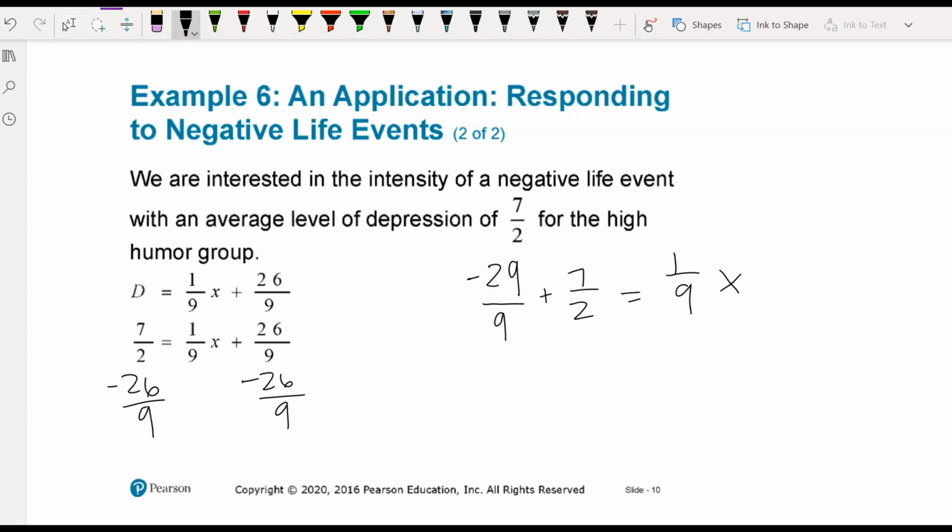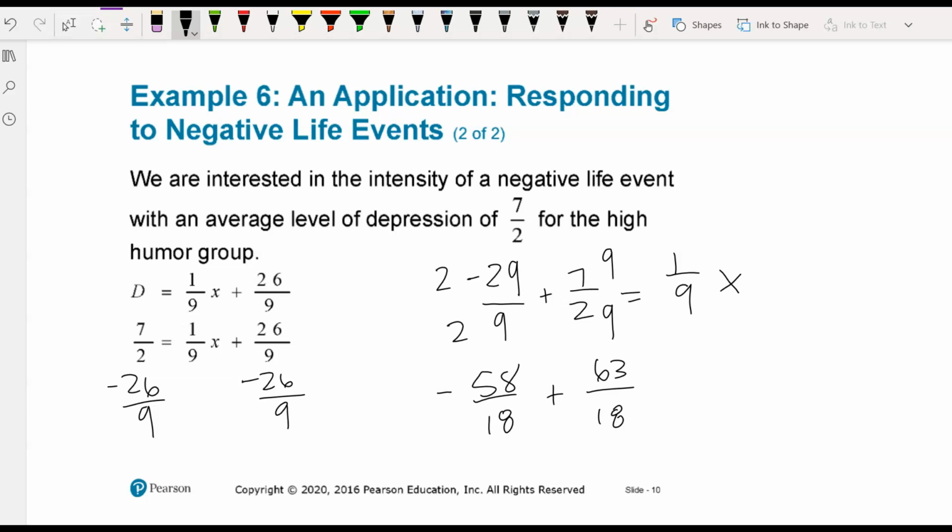Then you want to get common denominators. So this one by 9, this one by 2. So we get negative 58 over 18 plus 7 times 9, so 63 over 18. Now we combine like terms.